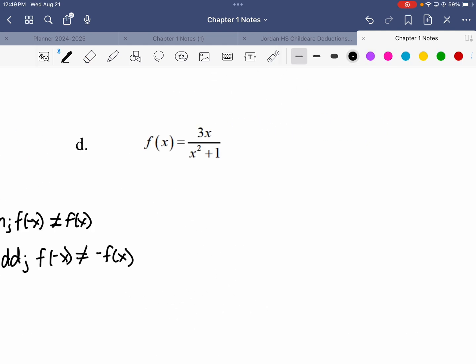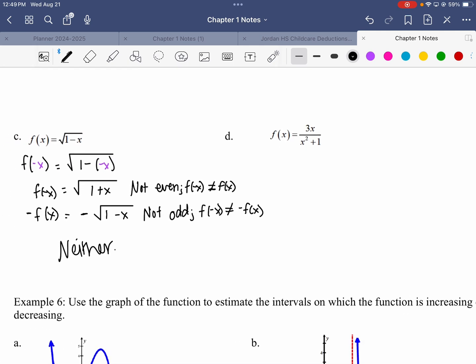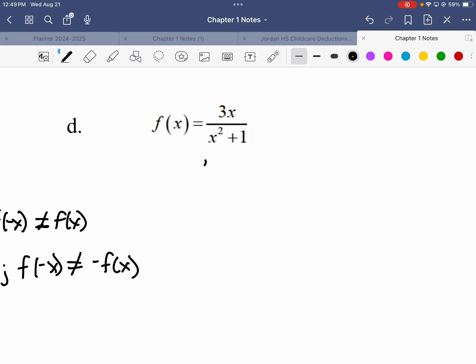Okay. Let's try this one out. What do we need to find first? F of negative x. Good. Always start with f of negative x. That means that we plug negative x in anywhere we see x.